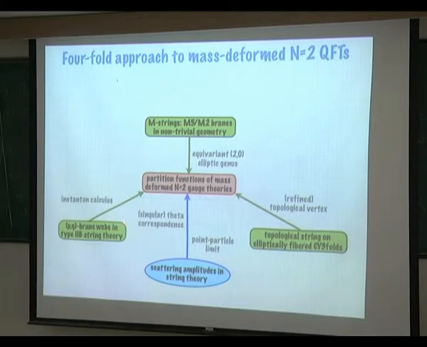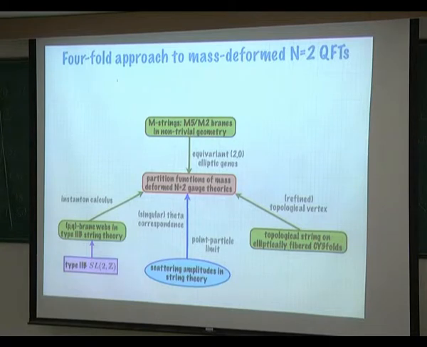A fancy name for this one-loop amplitude: you could think of the partition functions arising from some singular theta correspondence from the equivariant elliptic genus. And if time permits, I might also discuss another amplitude where I just reproduce the Nekrasov partition function without the mass deformation. So here I have two examples. Time permitting, I will probably only discuss one of them.